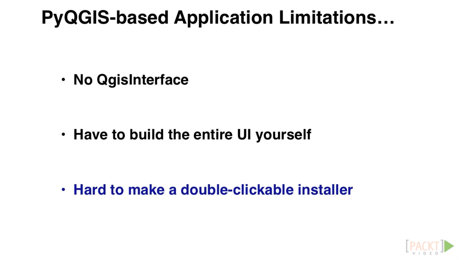The PyQGIS developers suggest either asking your users to install QGIS before running your program, or else bundling the entire QGIS application into your program so that both get installed at the same time. Getting all these various parts installed and running on a user's computer is quite a challenging task, especially if you're trying to support multiple platforms.